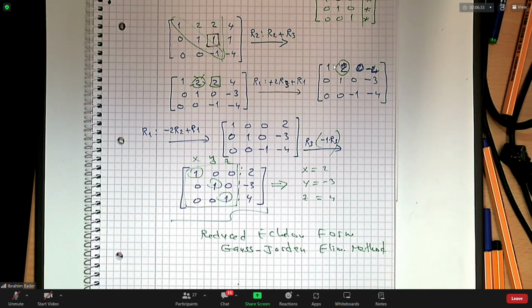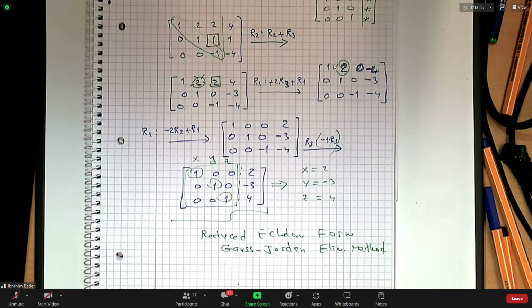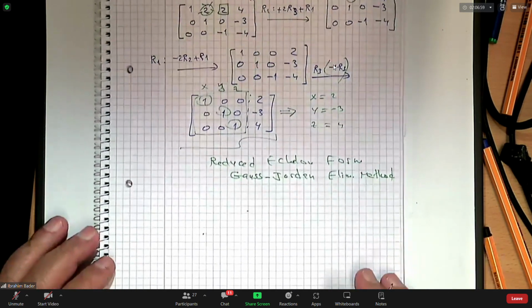Later luckily we will learn other methods to solve the linear systems. But for now, maybe at this stage, a very important note.